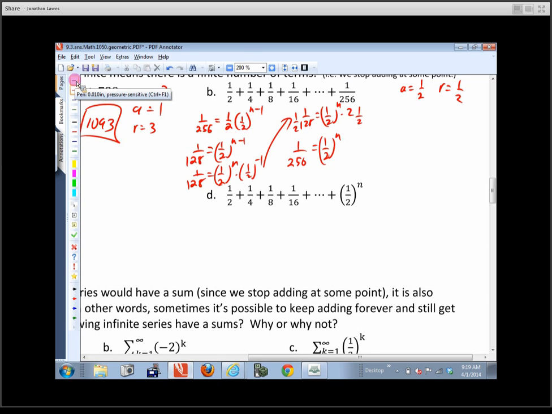Now, we could take a log base 1/2 of both sides, and this isn't the only way to solve it, but this is a good review. Let's do the ln of both sides. That's going to give me the ln of 1/256 equals n times the ln of 1/2. So if I divide both sides by the ln of 1/2, that's going to tell me what n is.